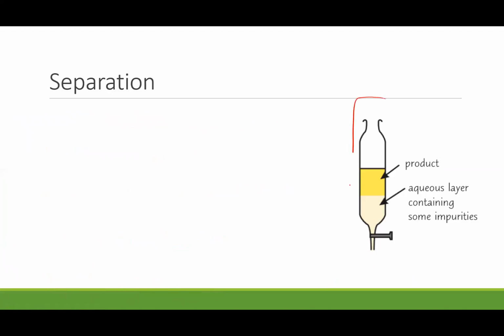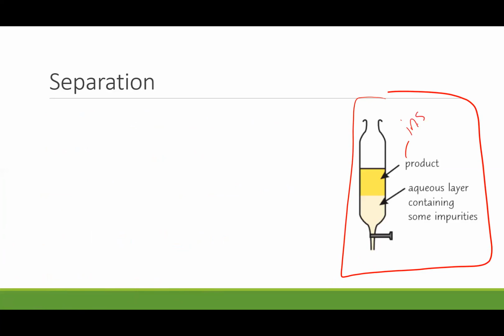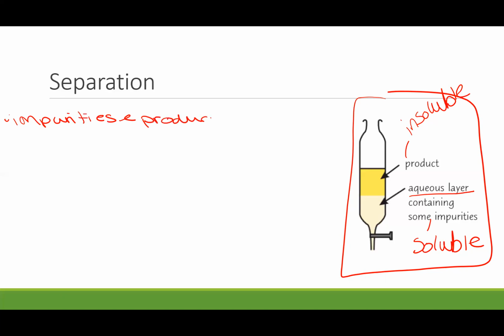This is only when we've got products that are insoluble and an aqueous layer with impurities that are soluble. If both our impurities and our products are soluble, we can use a different separation technique.